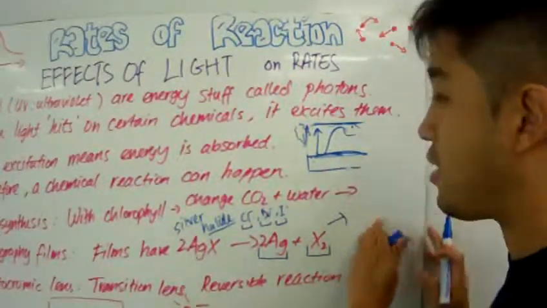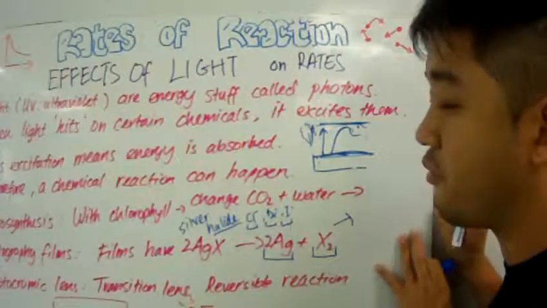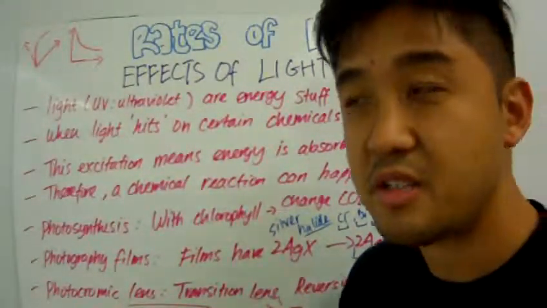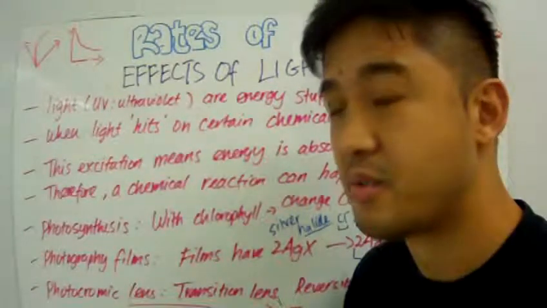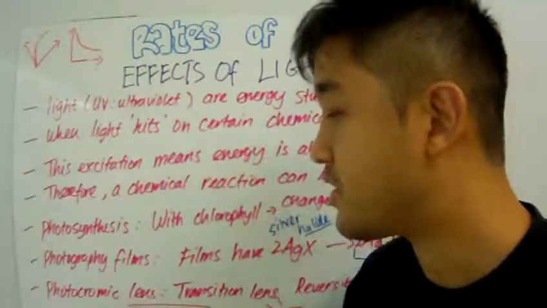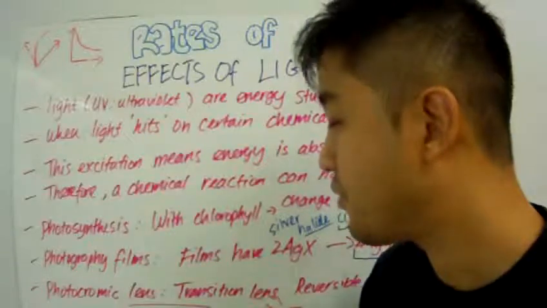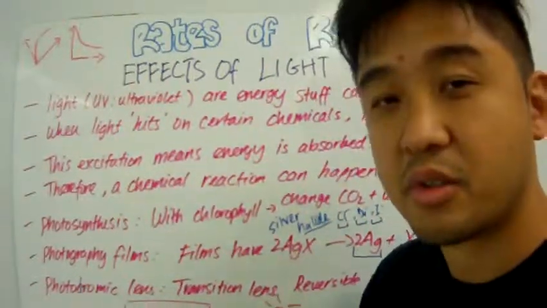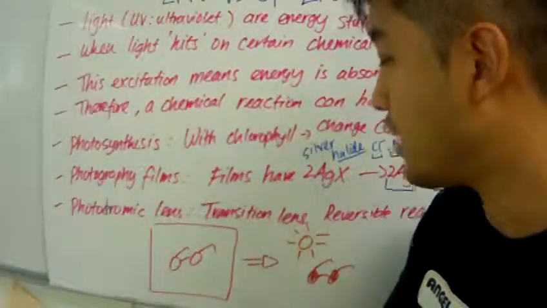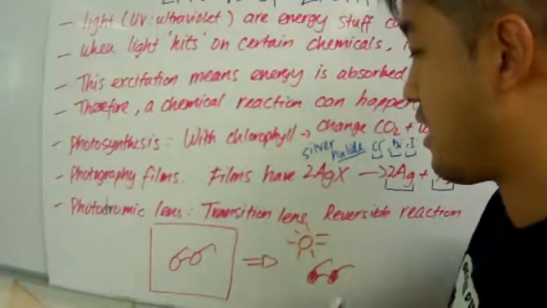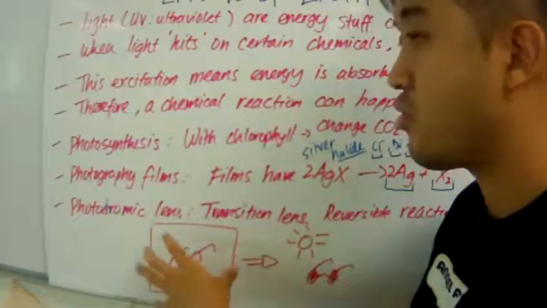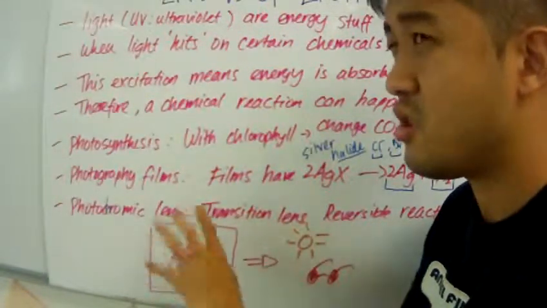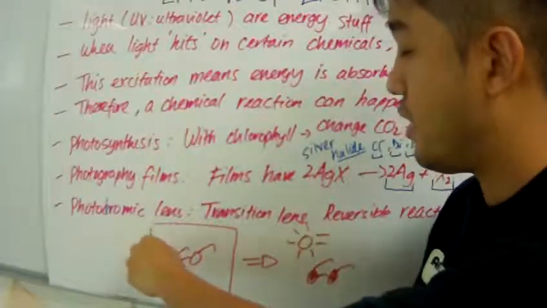A more updated example that I'm going to use is photochromic lenses. Transitions lenses are perhaps the most famous brand of photochromic lenses. These lenses are quite special because inside a room there's less UV light, so the lenses are clear.